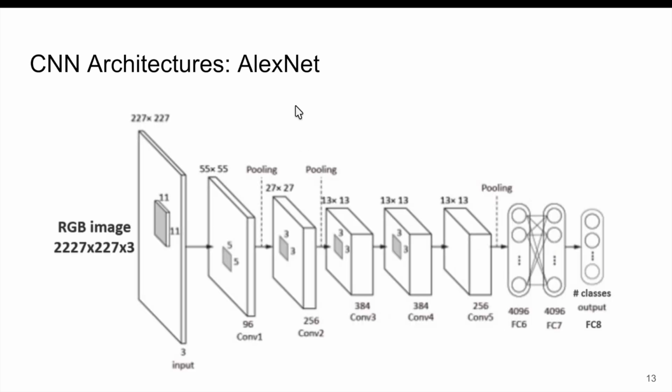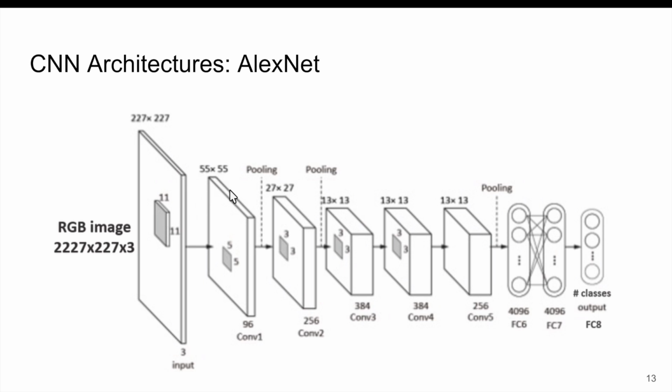Similarly, we have AlexNet, which is a specific combination of convolution and pooling done for RGB images, red, green, blue images, from the ImageNet dataset.